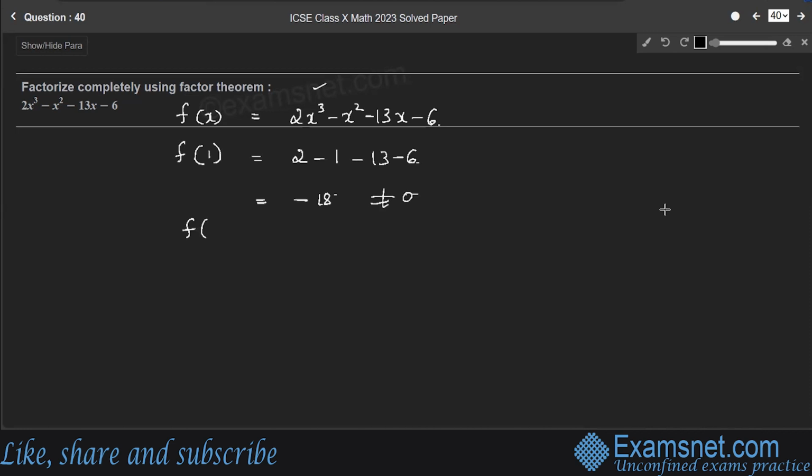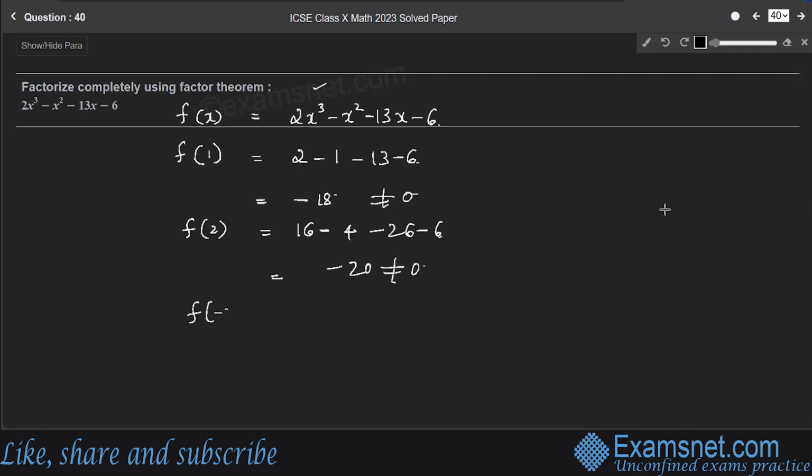Now try f of 2. If x is 2, 8 into 2 is 16, minus 4, minus 26, minus 6. So 12 minus 26 becomes minus 14, minus 6, it becomes minus 20, which is not equal to 0.